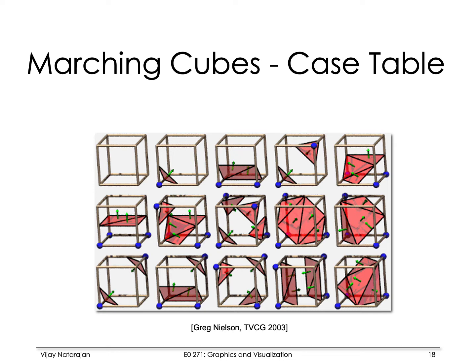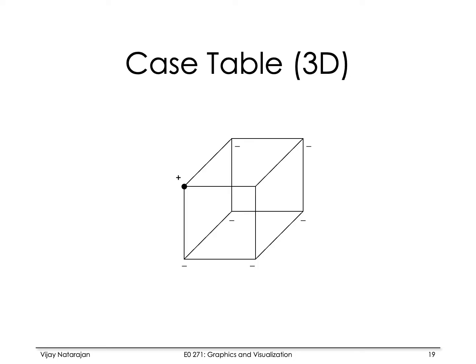Once a particular case is identified, the case table essentially gives a template for the isosurface lying within the voxel. So we saw that in the case of a single positive and 7 negative, we had 3 isopoints and the isosurface consisted of a single triangle.